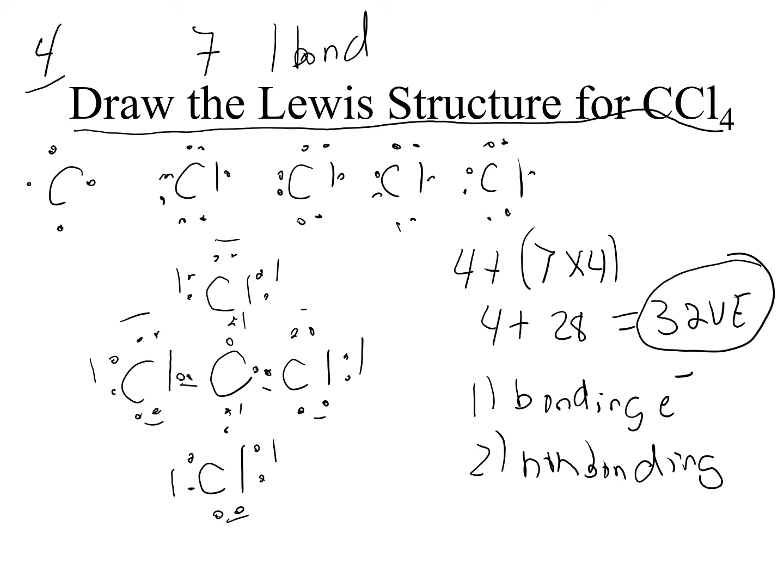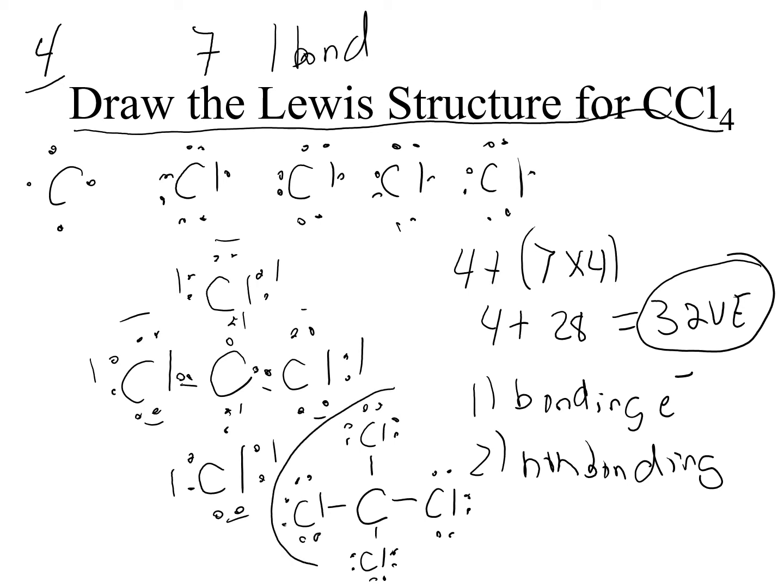So let me redraw our molecule here with lines to represent the bonds. And then you also have to show all those non-bonding electrons around the chlorine. And once that's done, we will have our Lewis dot structure for carbon tetrachloride appropriately written here at the bottom.